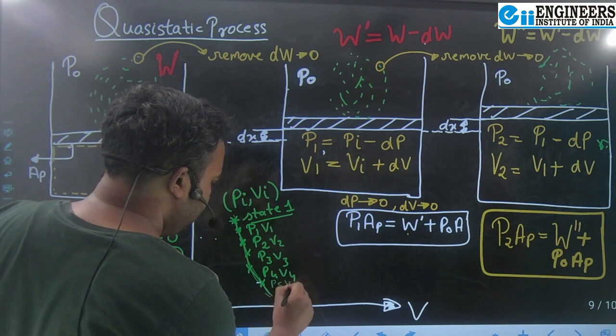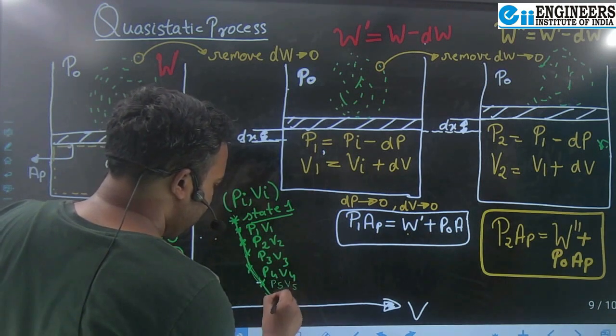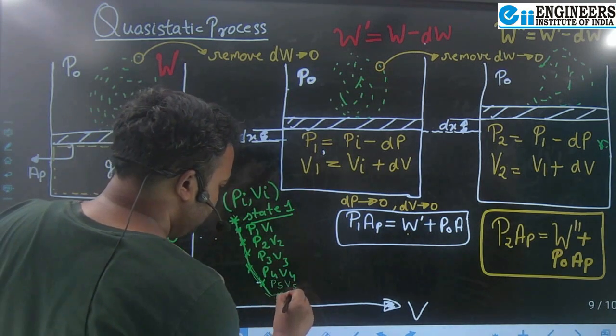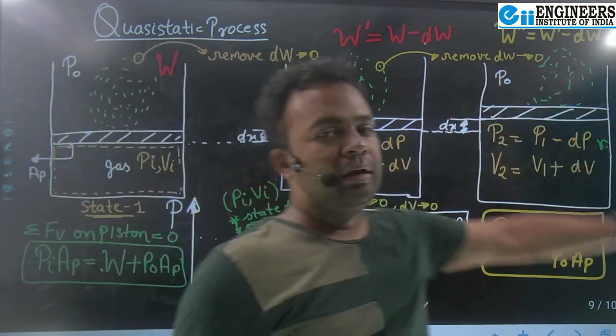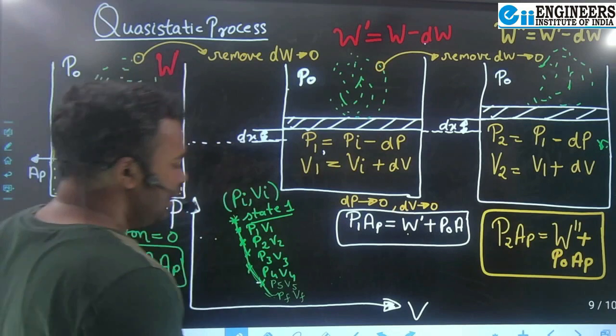This is P5, V5, and this is the final pressure and final volume, right? When you remove all the grains, the final volume and final pressure will be established here.